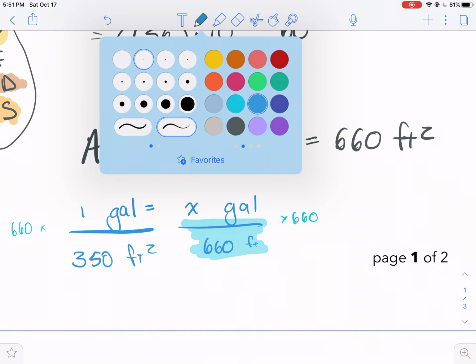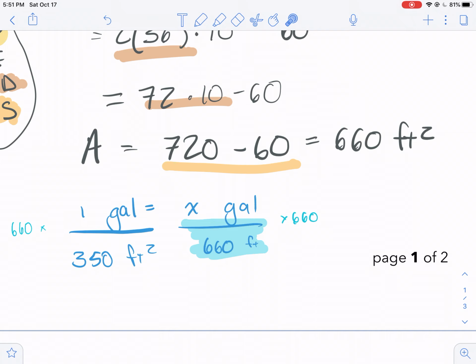Now, in the end, that will give us 660 divided by 350, which comes out to 1.8857, etc. It's a long decimal, equals X amount of gallons.